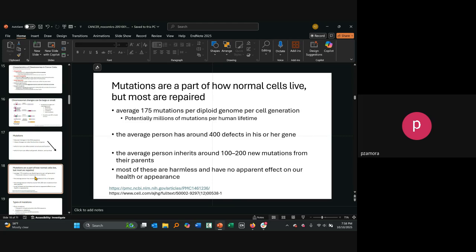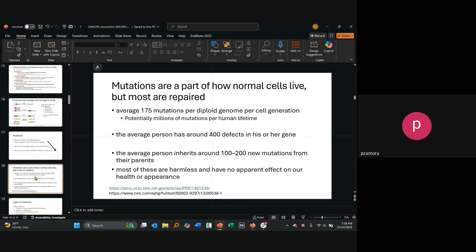The average person has around 400 defects in his or her gene and genome just walking around today. The average person inherits about 100 to 200 mutations from their parents. So I'm blaming it on mom. I'm sorry, couldn't resist.